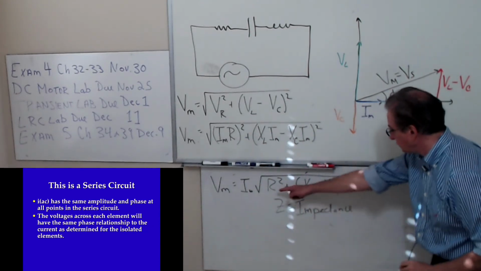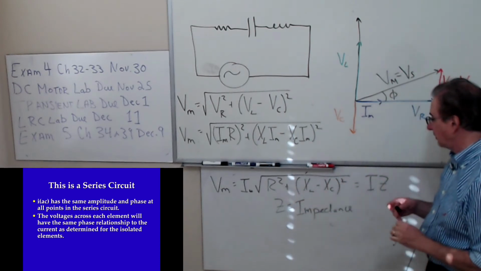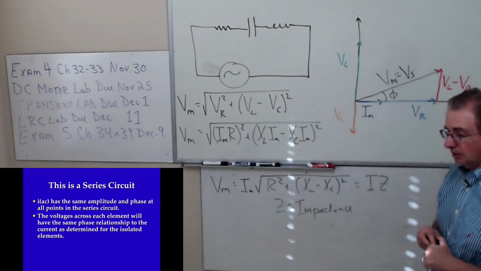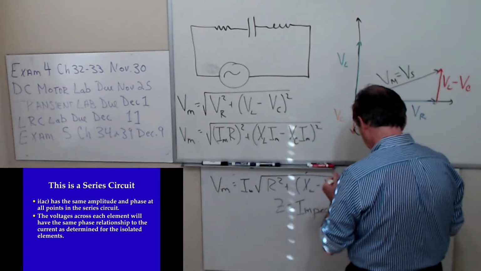So the impedance is the square root of R squared plus (X sub L minus X sub C) squared. Let me write that down.